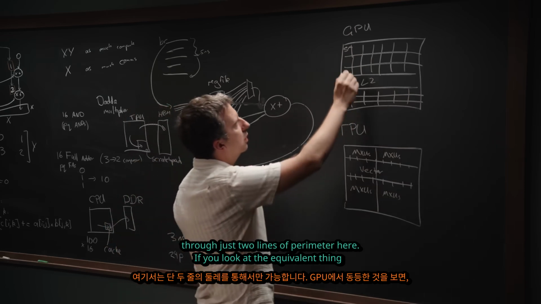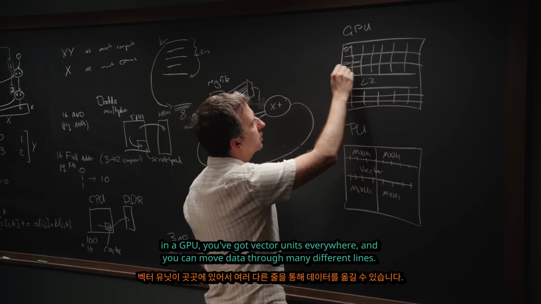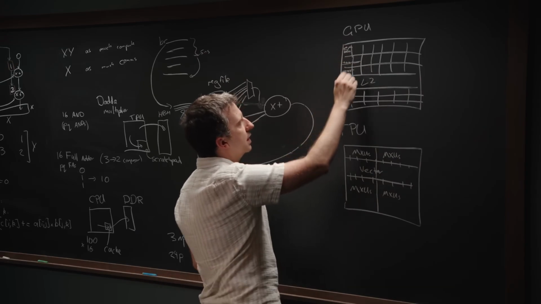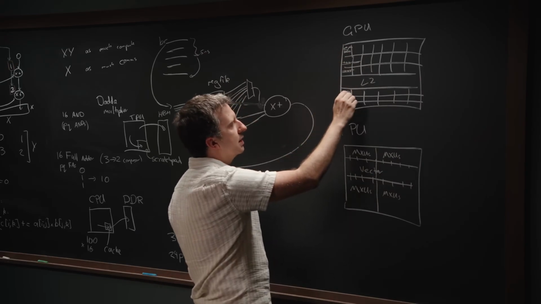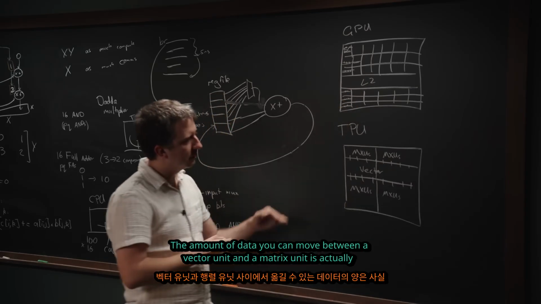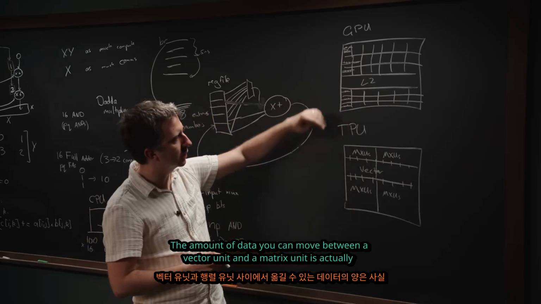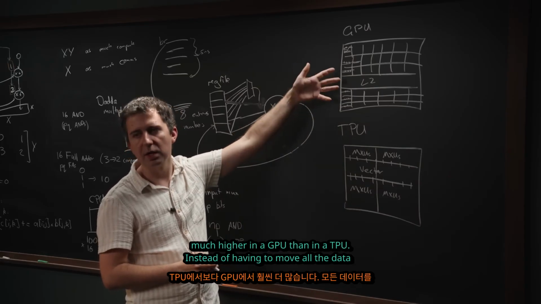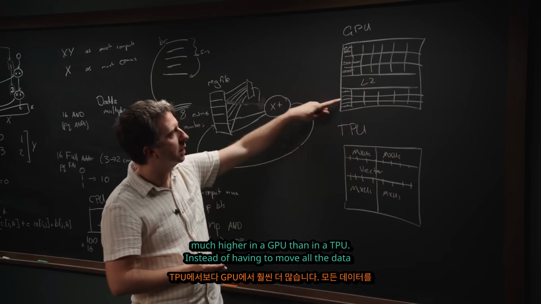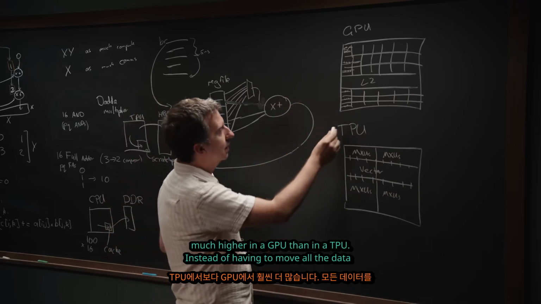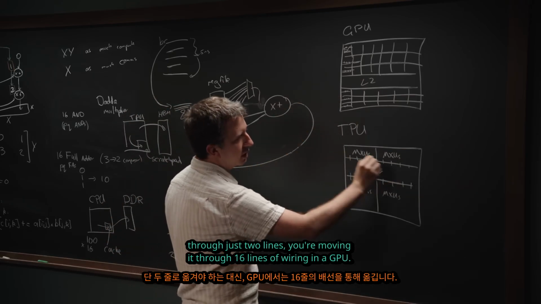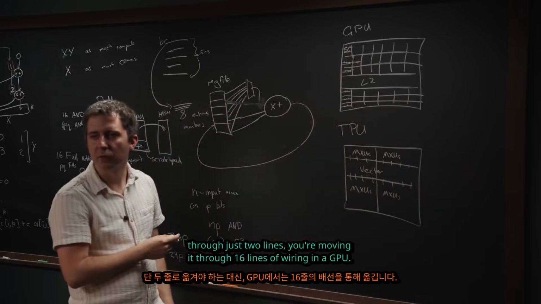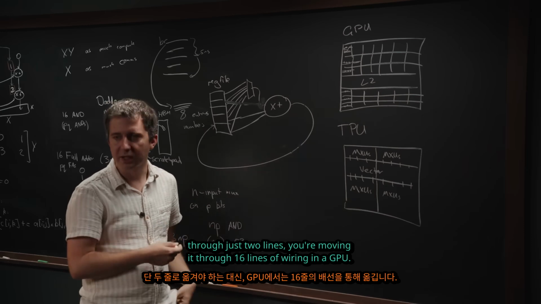Whereas in the GPU, you've got vector units everywhere, and you move data through this line, this line, this line, and so on. So the amount of data you can move between a vector unit and a matrix unit is much higher in a GPU than in a TPU, because instead of moving all the data through just two lines, you're moving it through something like 16 lines of wiring.